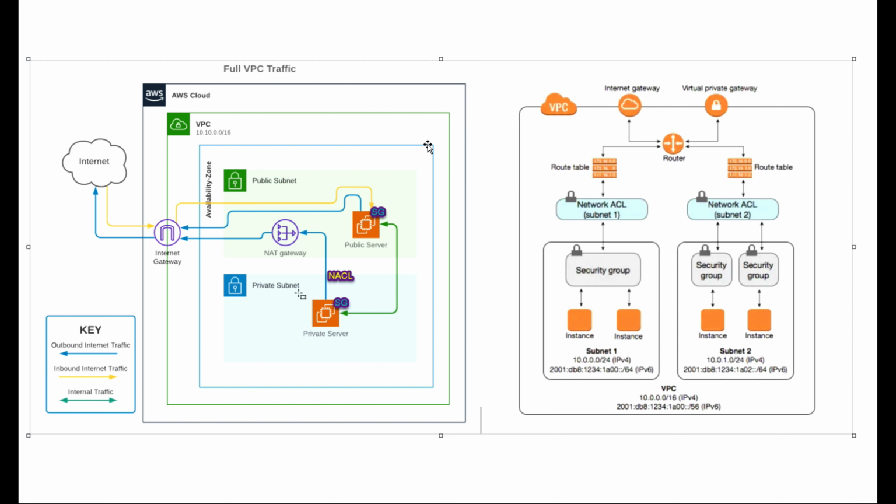A private subnet is associated with a route table that does not have a direct route to the internet gateway. There is another option, which I will talk about later. That is known as a private subnet.